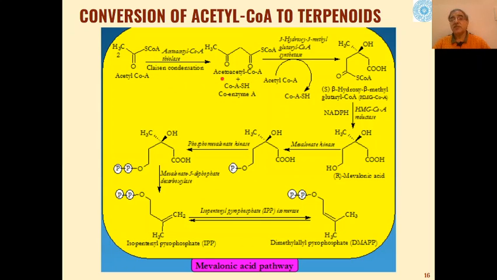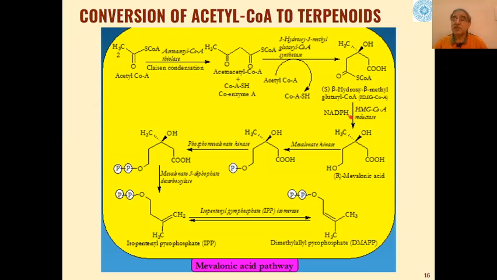Then this acetoacetyl coenzyme A will react in the presence of the enzyme 3-hydroxy 3-methyl glutaryl coenzyme A synthetase, where another acetyl group will be transferred from acetyl coenzyme A, which will become coenzyme A, and the acetyl part from here will be transferred to acetoacetyl coenzyme A, and we will get HMG coenzyme A like this. This is the S conformation of beta hydroxy beta methyl glutaryl coenzyme A.